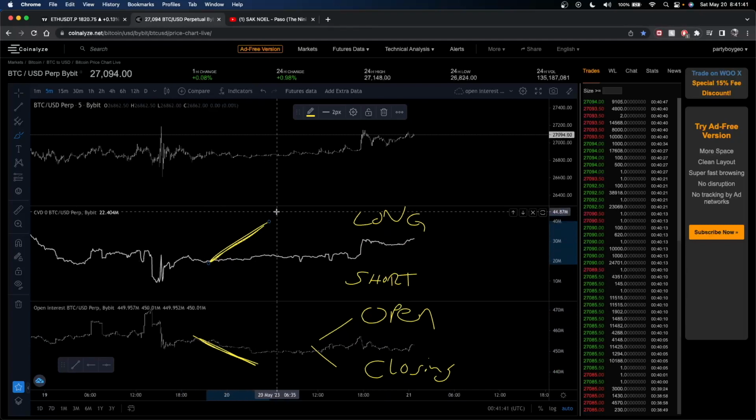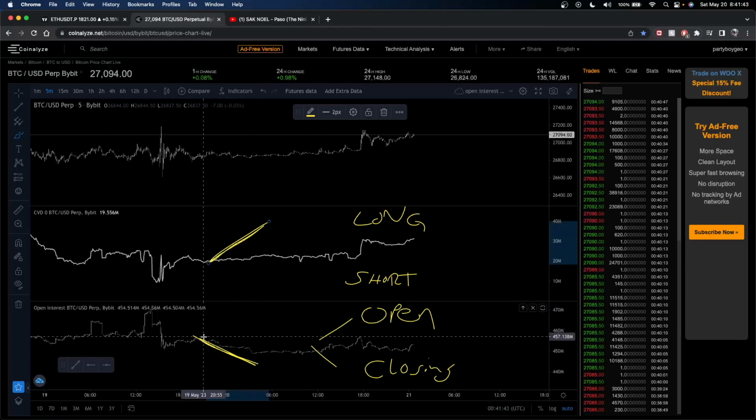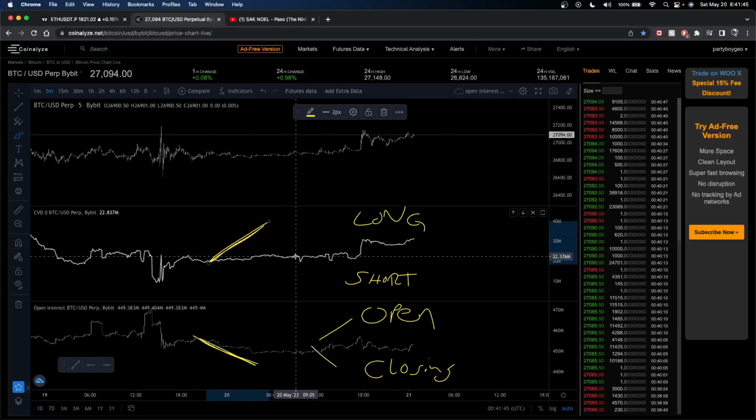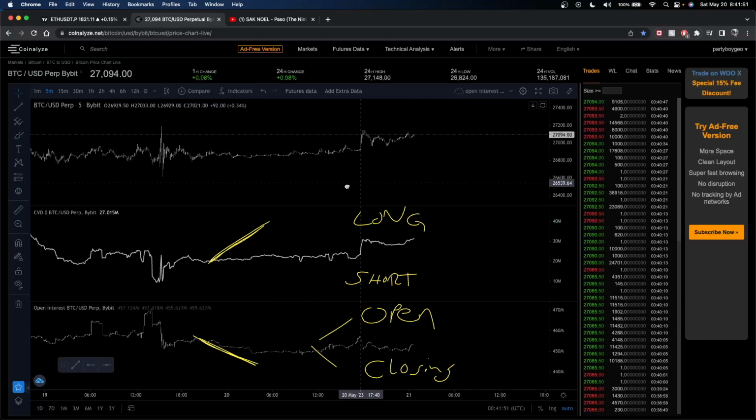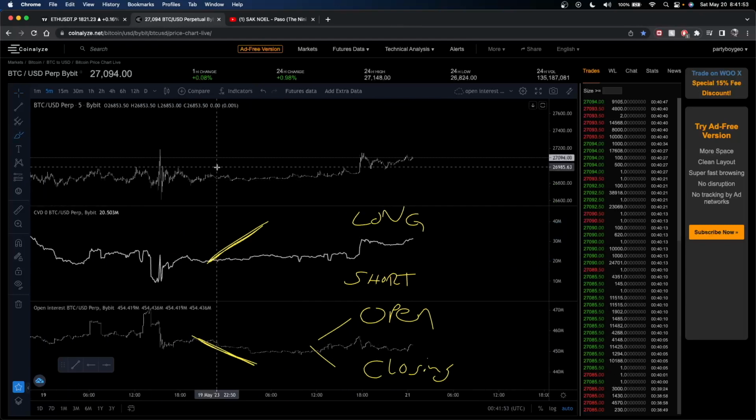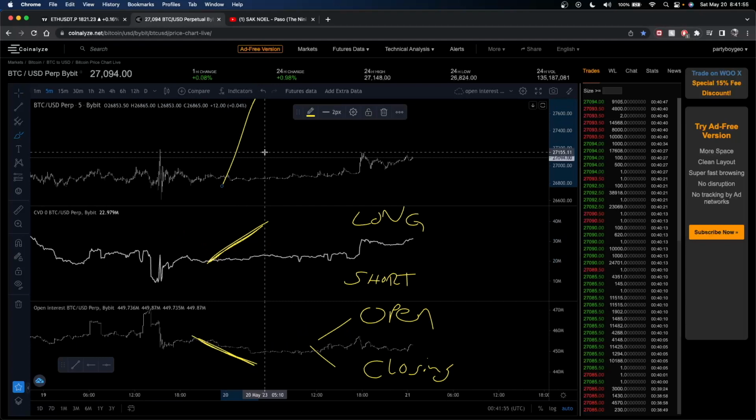So longs are opening, but traders are closing their positions. In other words, this is called a short squeeze. If price starts to do this, then that's a short squeeze.